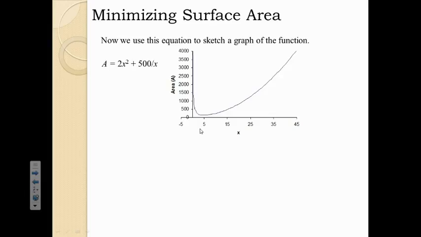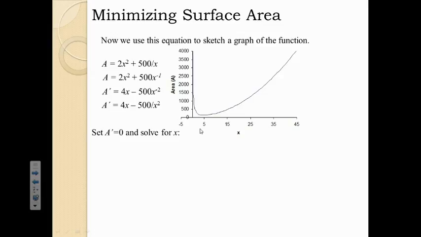To find this value, of course, we take this equation and find the first derivative. Well, we need to put it in a form that's easier for us to work with to take the derivative, so we say that we make the 500 over x be 500x to the negative 1 power, and find the first derivative of this, which would be this. We need to set it equal to 0, so let's convert it, the x to the minus 2, convert that into 1 over x squared, of course multiplied by 500.